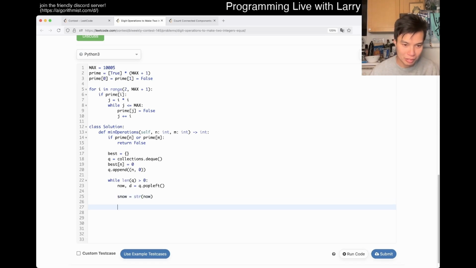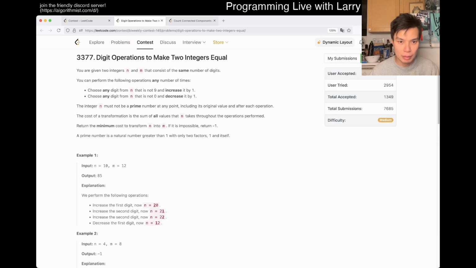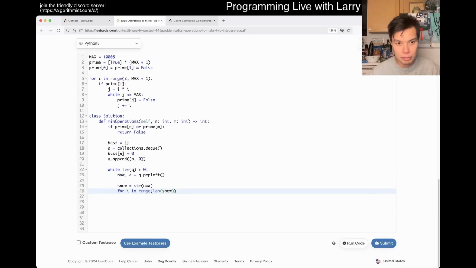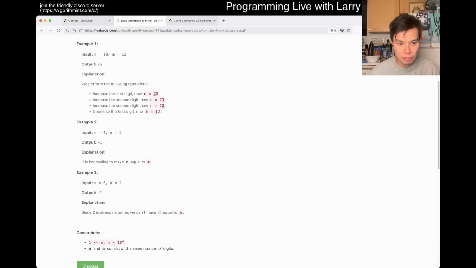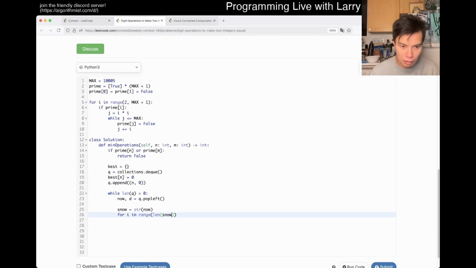Yes, I meant string now. I guess it's always the same number of digits. And I guess there are prefix zeros though. Leading zeros, they don't really talk about it. Okay, fine.